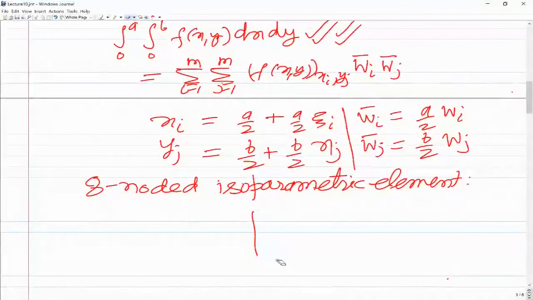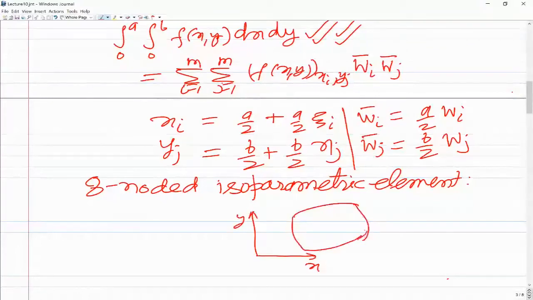Now the element can have curved boundaries also. So let me sketch the element. So this is x and this is y, and as I said, in actual situation the element can be a rectangle, it can be a quadrilateral, it can have curved boundaries. So these are the nodes, eight noded element we are talking about.